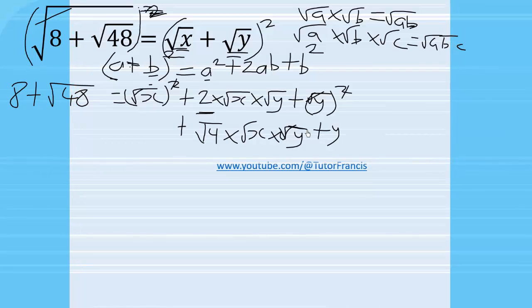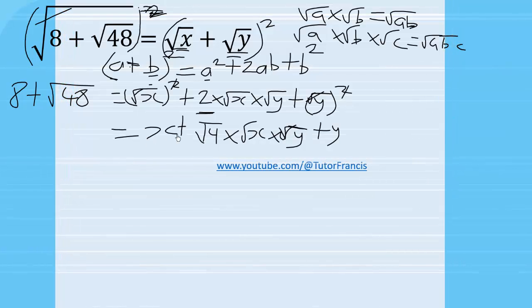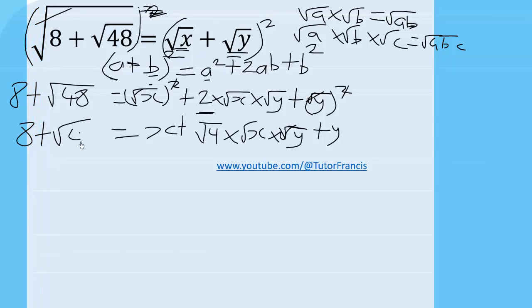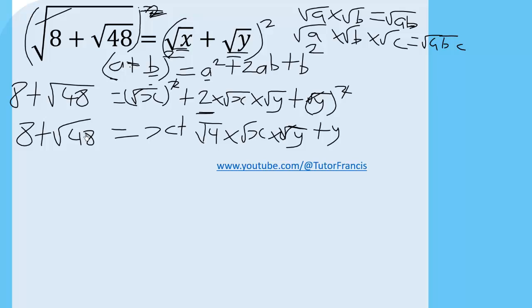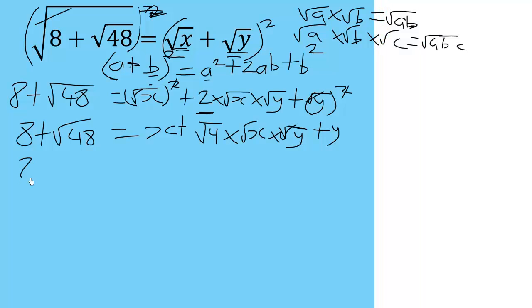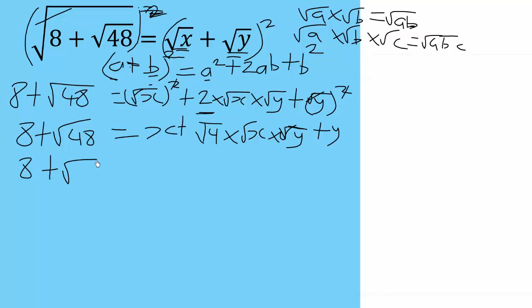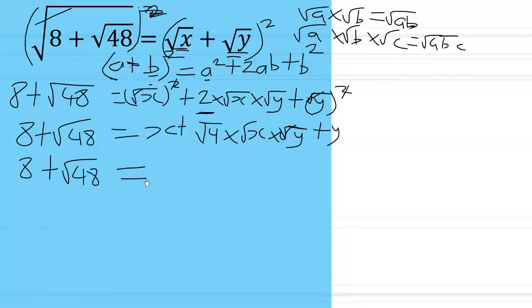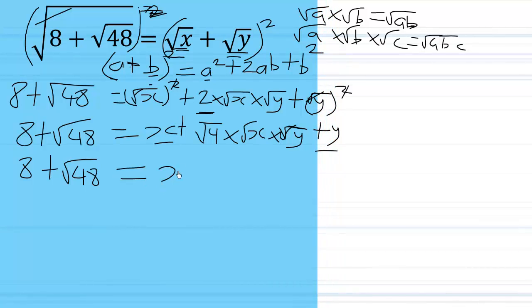Now we have x here, then we have 8 plus square root of 48 here. So we have to rewrite this. We have 8 on the left hand side plus square root of 48. Then we have x plus y.